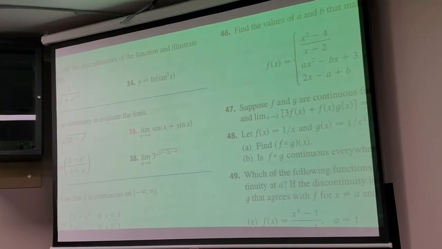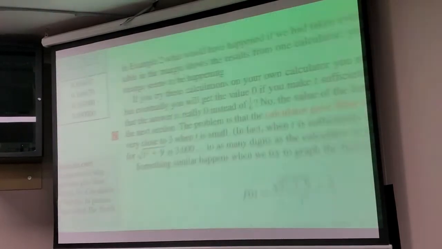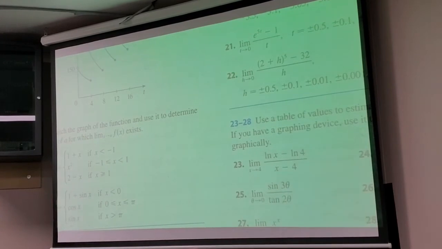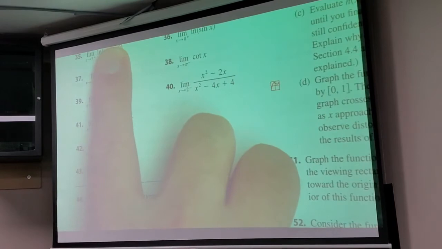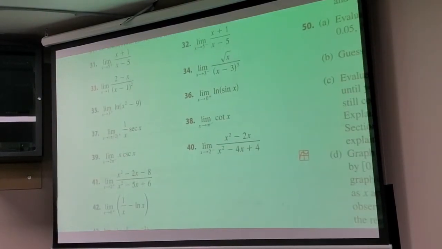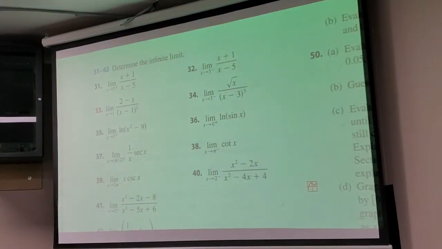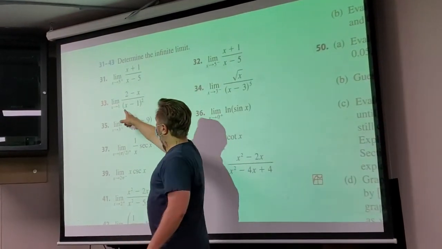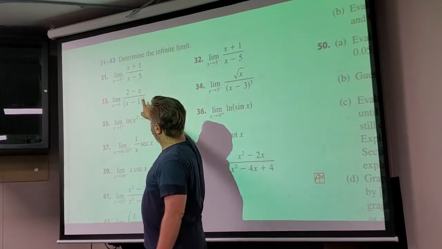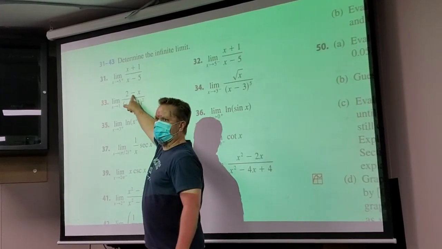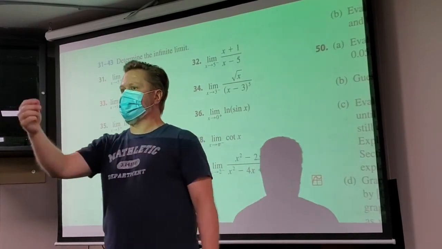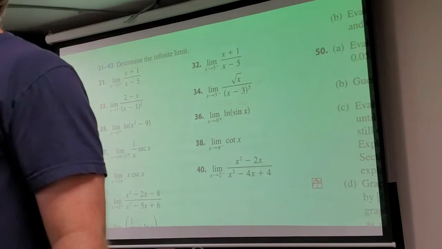So this is 2.2 number 33. Determine the infinite limit as x goes to 1. What do you get on the top? 1. So it's all about the sign of the bottom, because the bottom is going to 0.